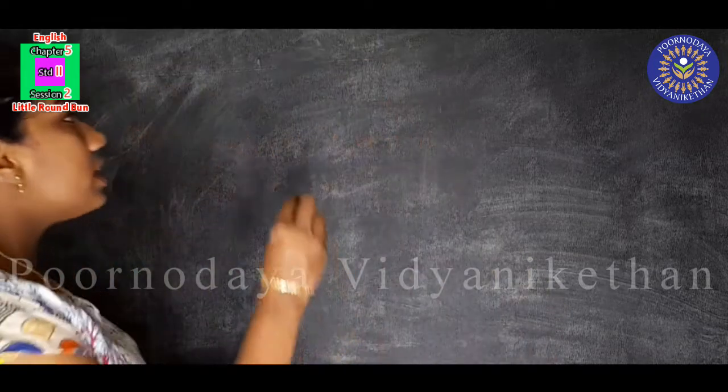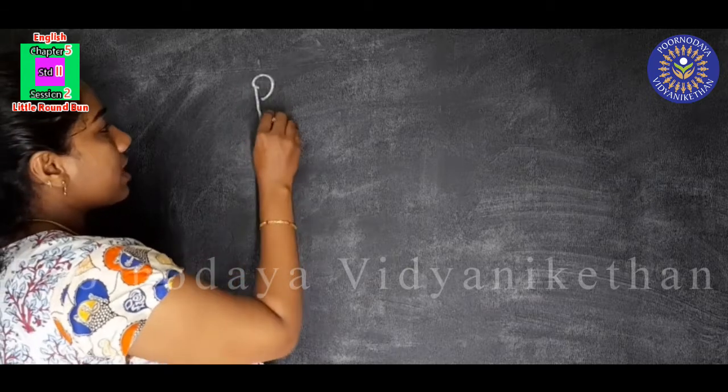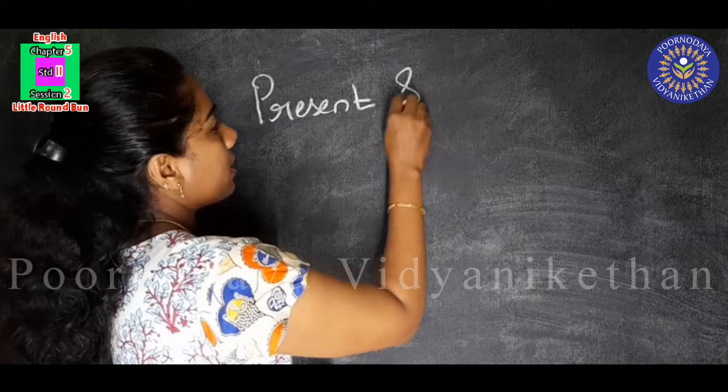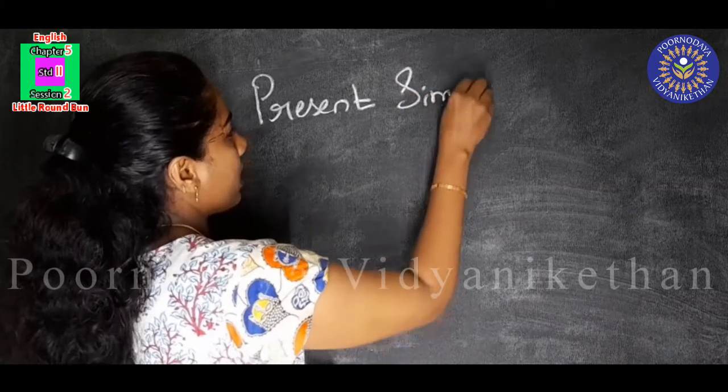In the English language, we use a tense for speaking about habits and laws of nature. So, to speak about habits and laws of nature, we use a tense and the name of the tense is present simple tense.